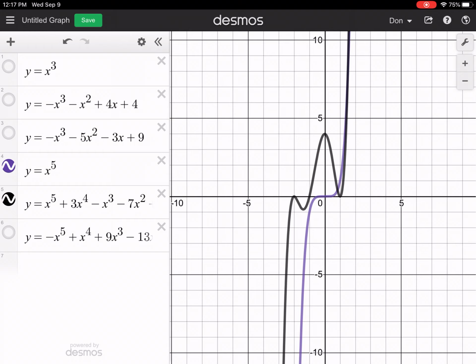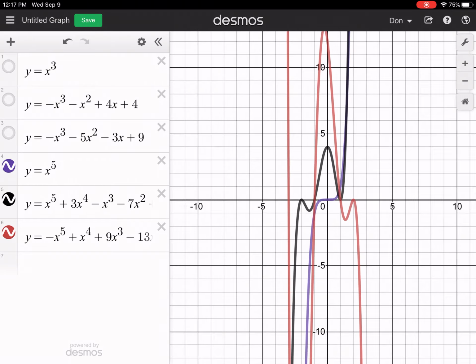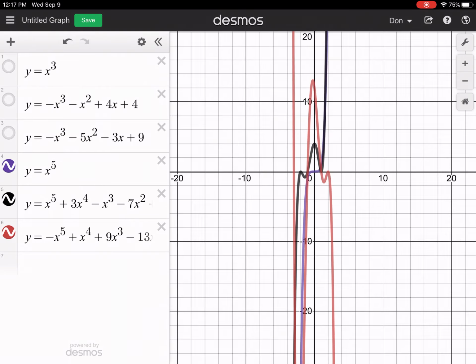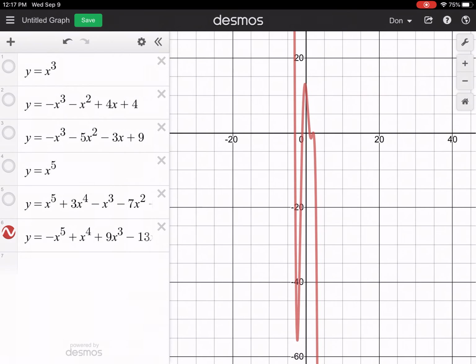But then we got some other degree 5 ones, and there's some weirdness going on with this red one. I don't think we can see the whole graph, so I'm just going to zoom in a bit so we can see more of it. There we go.